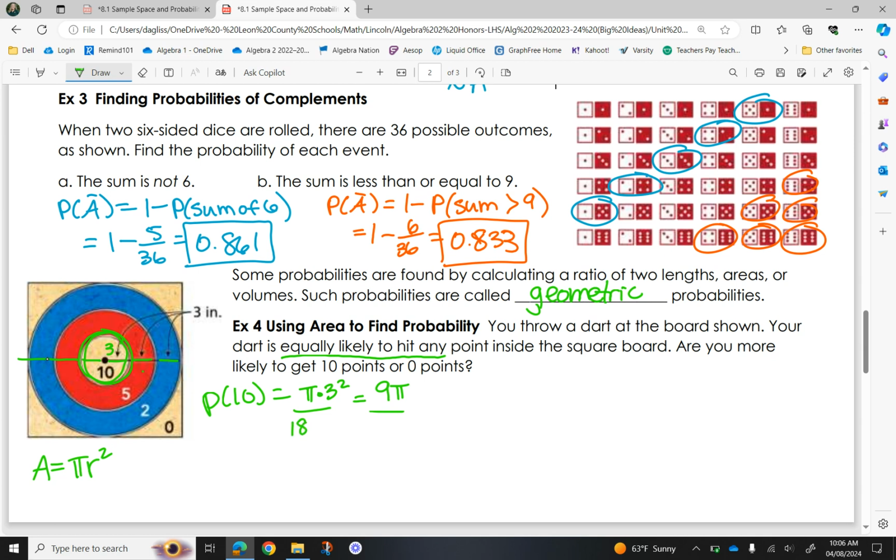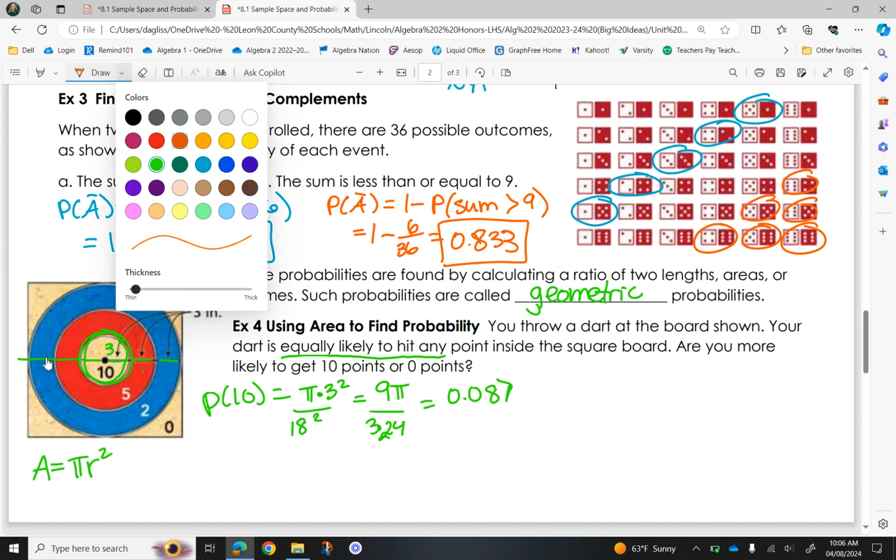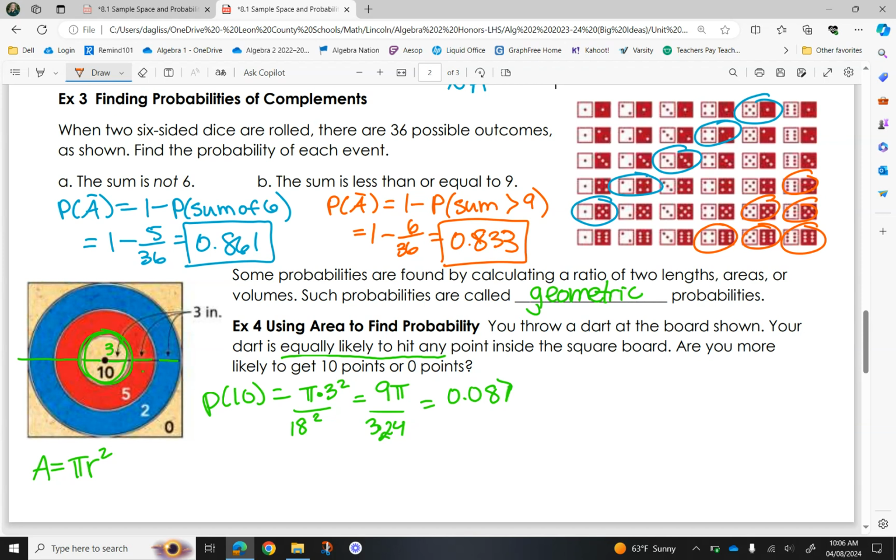For a square, we're going to do 18 squared, which is 324. So 9 pi over 324 is about 0.087. Why are we doing it over 18 squared? Because it's out of the entire board area. Yep. So about 8.7% of the board is worth 10 points.